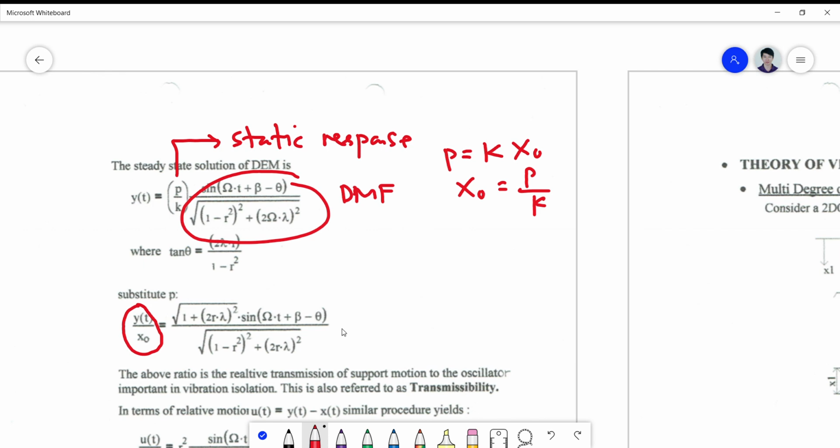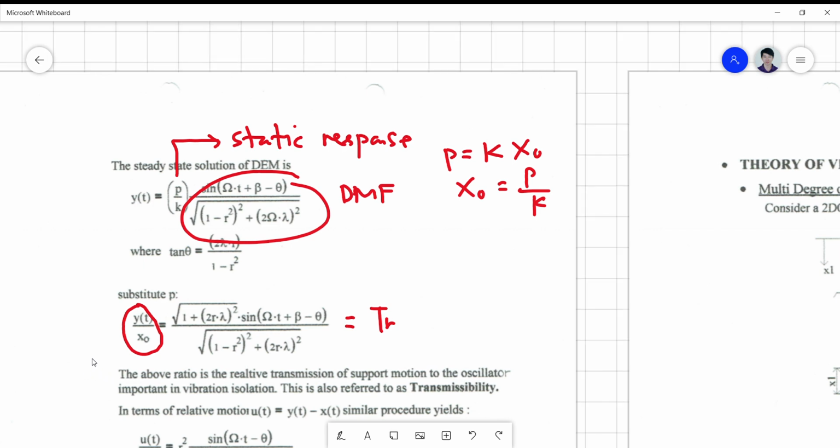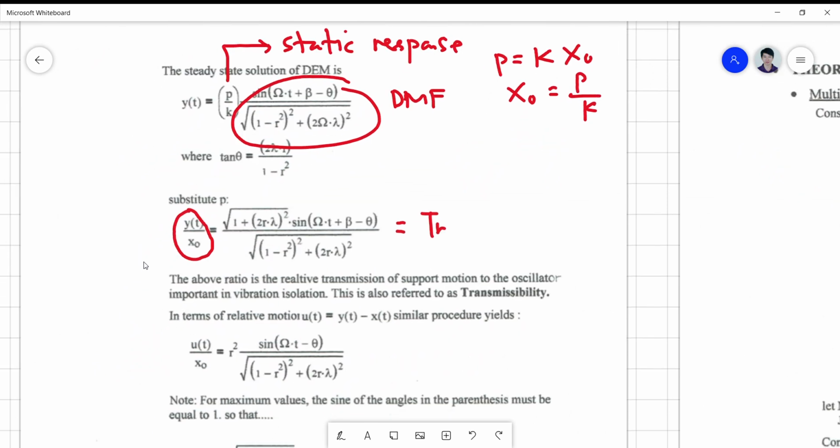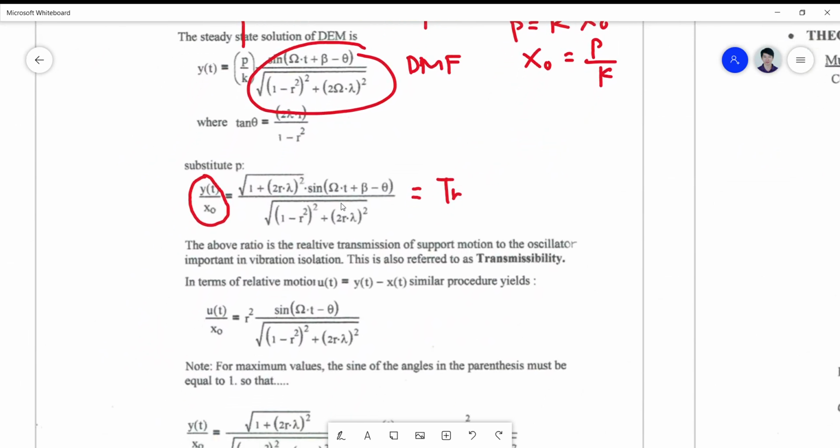So this is now your transmissibility TR. If you want a factor to indicate your percentage or degree of transmissibility, then you have TR as your factor.